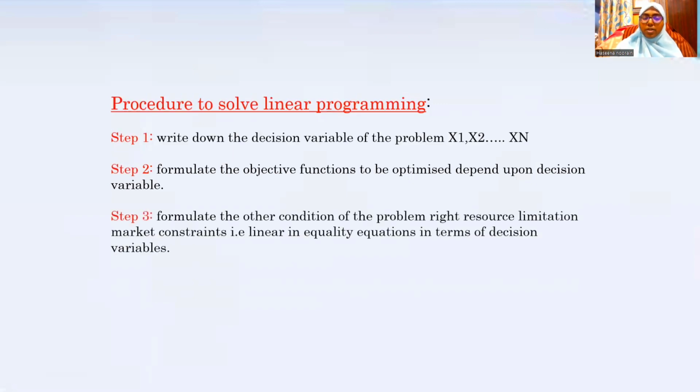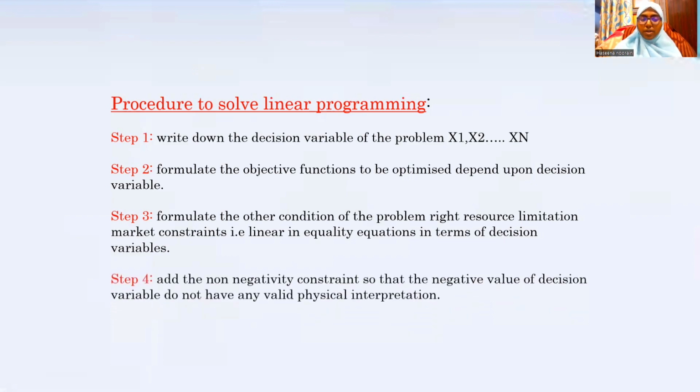The third step is to formulate the other conditions of the problem, which are the resource limitations, the constraints, which means in linear inequality equations, the terms of decision variables are visible.